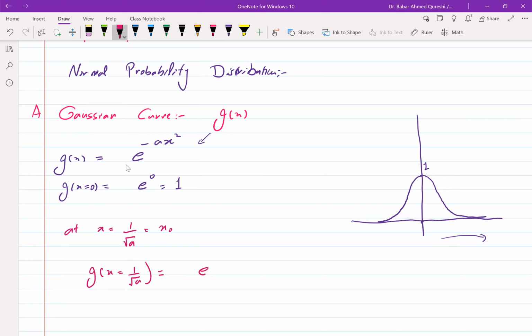What do I get? I get e to the minus a times 1 over a, so 1 over e. And e, you know, is this number. And 1 over e gives you something like 0.37 something.